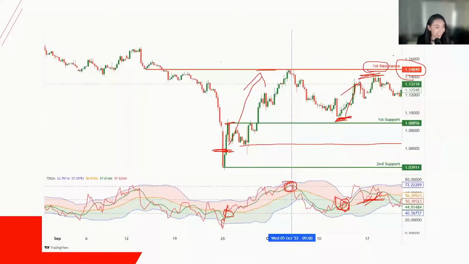So for the indicator, it's giving us the signal to buy, which means we can enter the trade here. Our take profit will be put towards the first resistance, and our stop loss just at the first support.